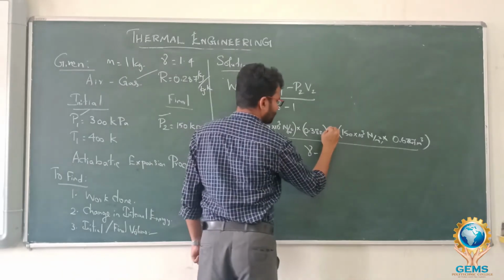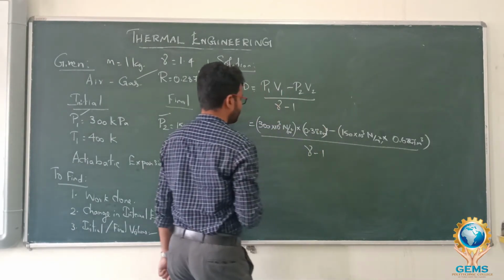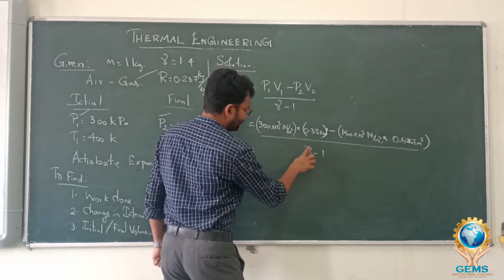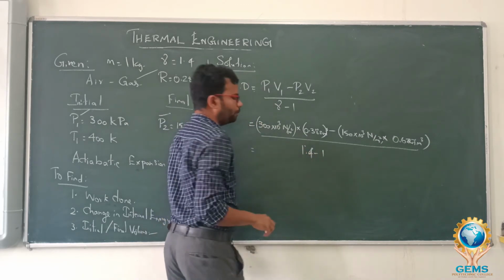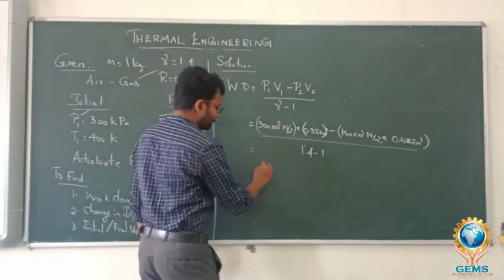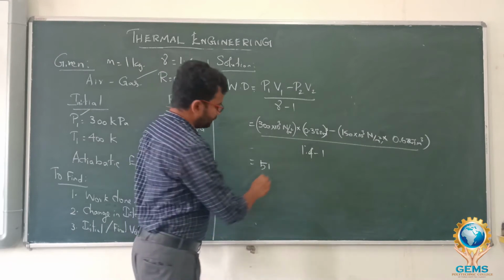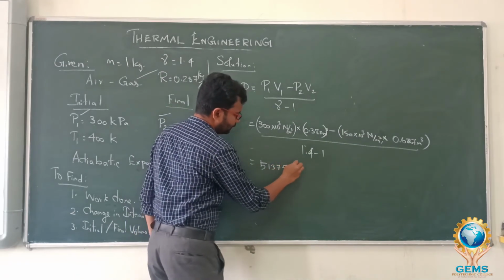Substituting 1.4 minus 1, finally we get 51375 joule.